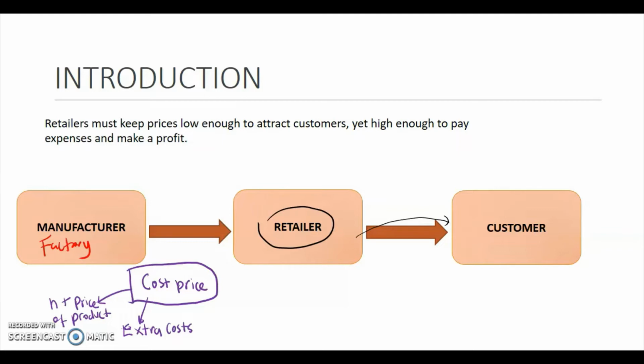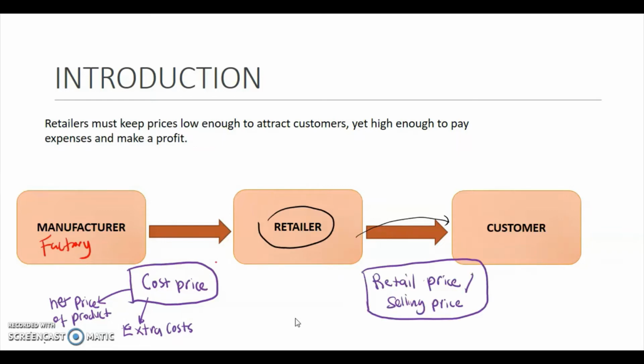That price is known as the retail price or selling price, and it is going to be higher than the cost price. The difference between the selling price and the cost price is known as markup or gross profit.